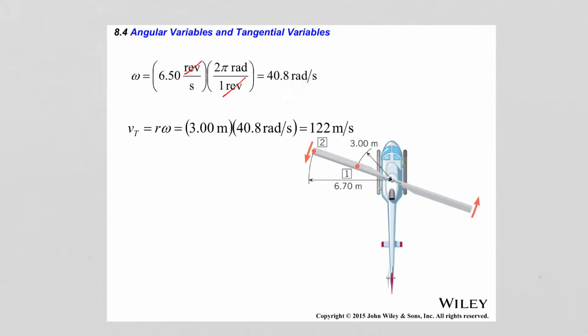radians per second. So to find the linear or tangential speed of rotation, I multiply the radius of rotation of this point here by the angular velocity. So that is 3 meters times 40.8 radians per second, or that is 122 meters per second.